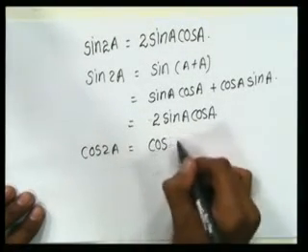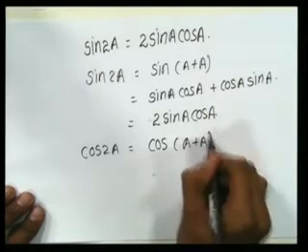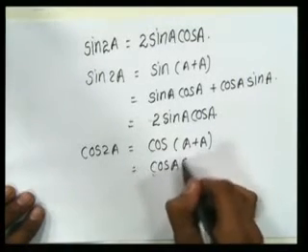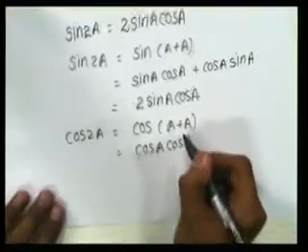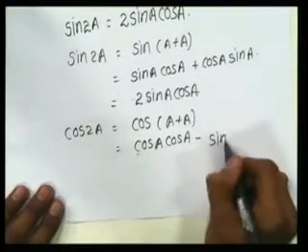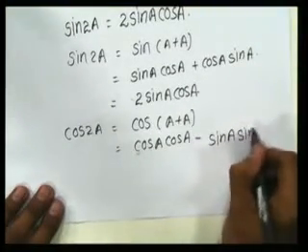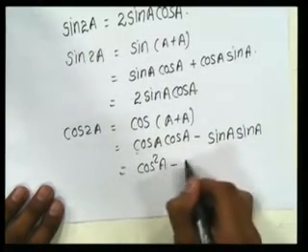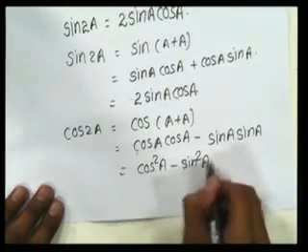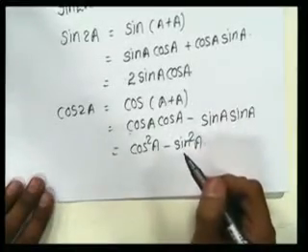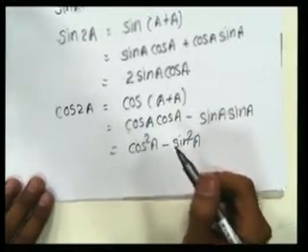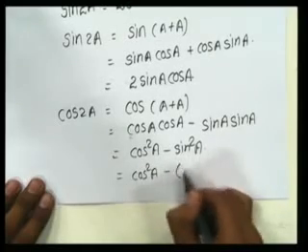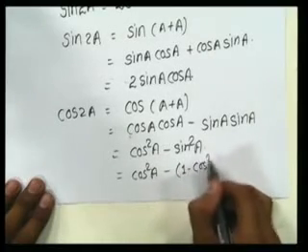Similarly, the formula of cos 2A, that one can write as cos(A + A), that is cos(α + β) = cos α cos β − sin α sin β. So we are getting cos² A − sin² A. If you want to find it in terms of cos, we can replace sin² A by 1 − cos² A, that is cos² A − (1 − cos² A).